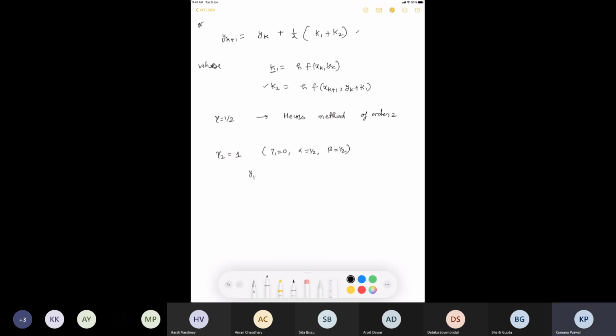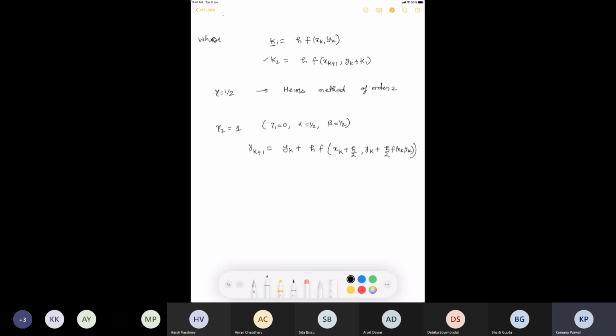So we will have the method as y_k plus, only one term will be here, h times f of x_k plus alpha h. Alpha is 1 by 2, so we get h by 2. And then y_k plus beta, so beta is also 1 by 2, so h f of x_k, y_k, h by 2 here.